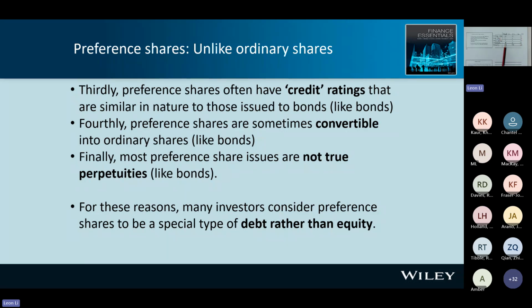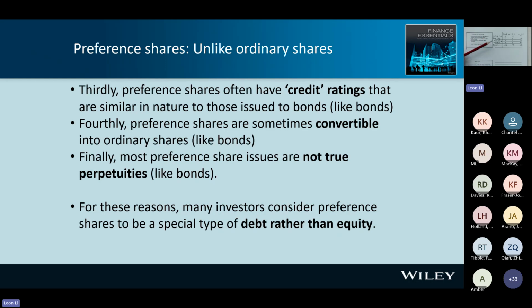For me, bond and ordinary share are like two sides, and preference share lies between them. Here we consider voting right, fixed payment, credit rating, convertible, and finally maturity date.